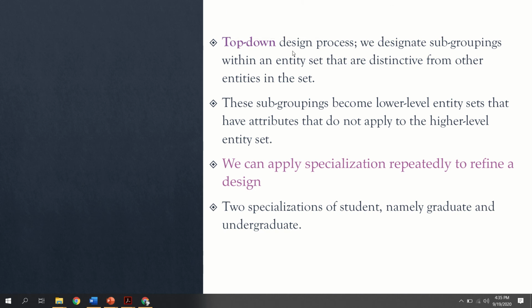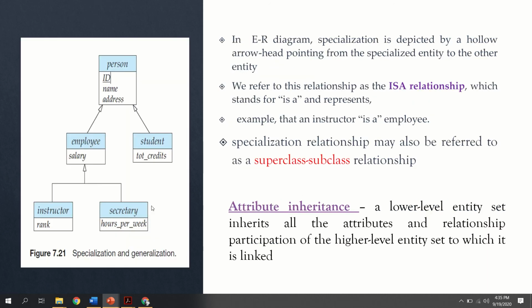Then we explained how we can apply the specialization. We can apply it recursively or repeatedly, and we studied in the ER diagram a hollow arrow pointing from the specialized one towards the other entity. That notation is used for representing the specialization.